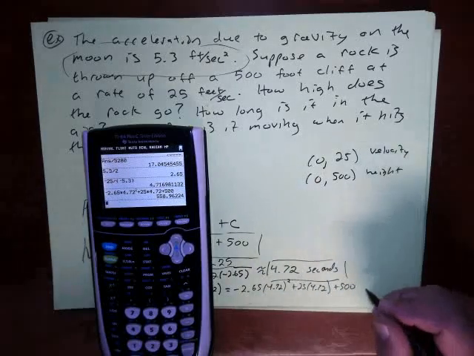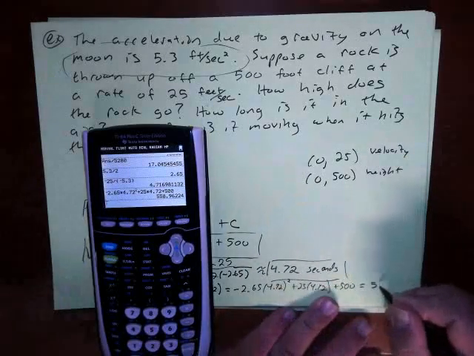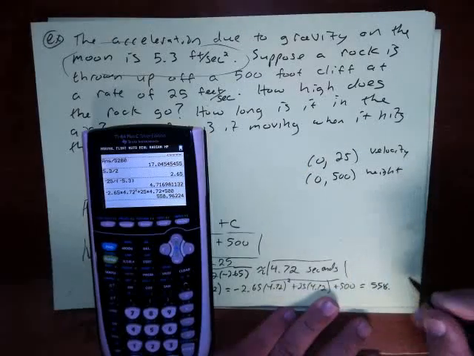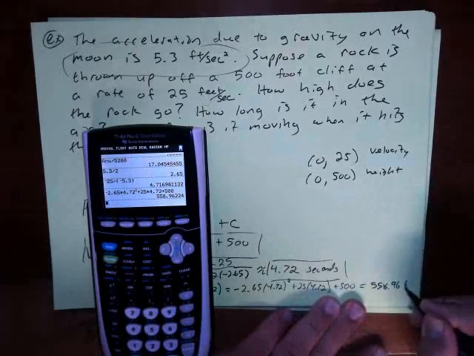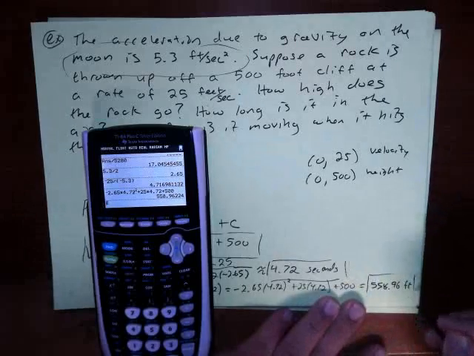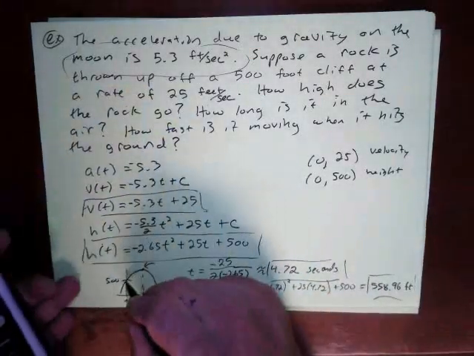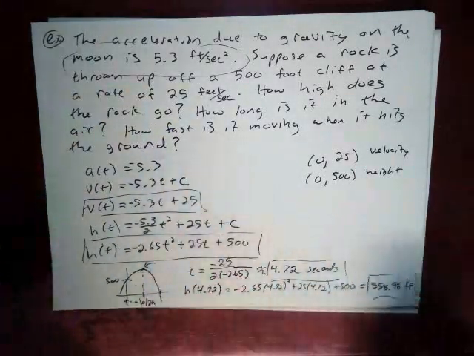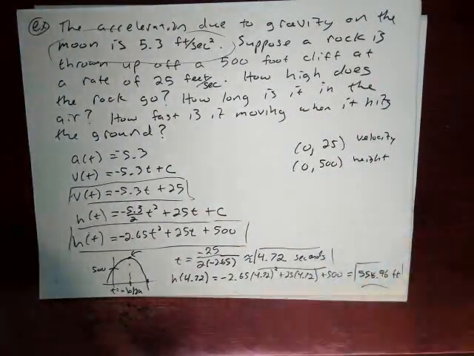And we see the rock is going to go 558.96 feet high. So it travels up above the top of the cliff about 58 feet.